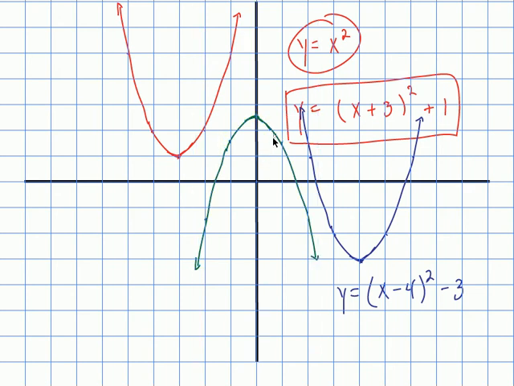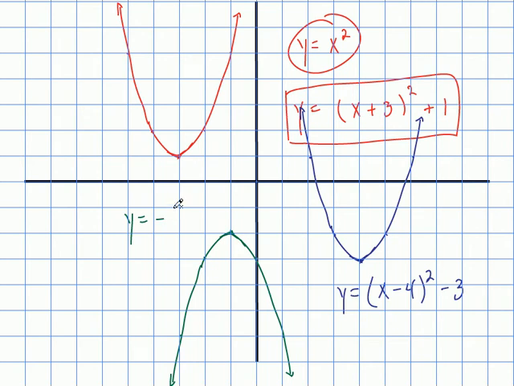Let's put this over here, and let's put it right there. Look at that one. Now what did I do? I flipped it, didn't I? So what does that do if I flip it? Negative. Makes it a negative out in front. Good. So by flipping the thing, I made it negative.